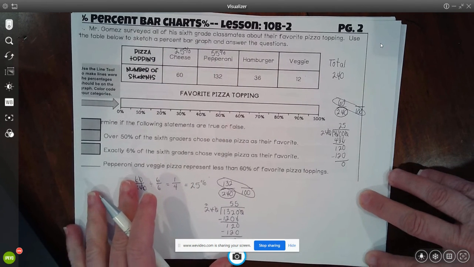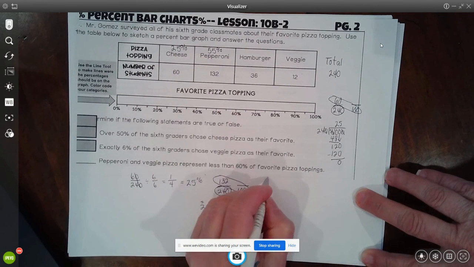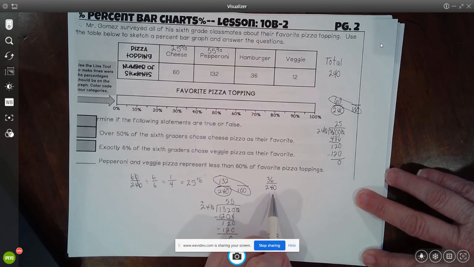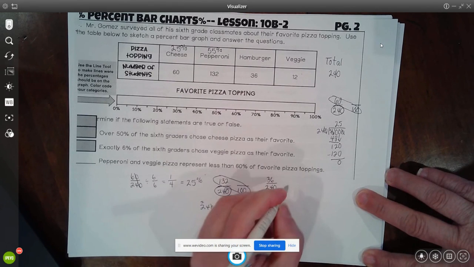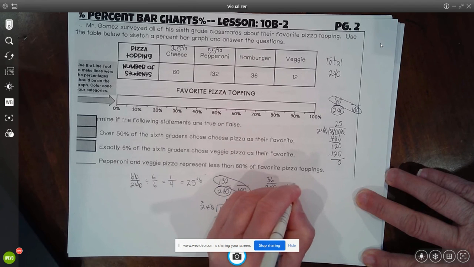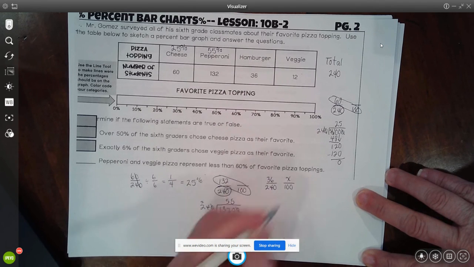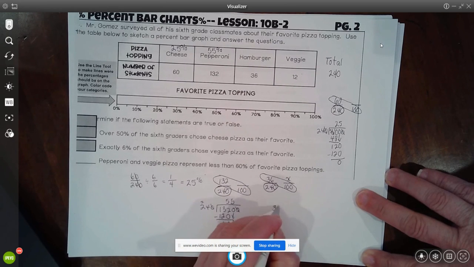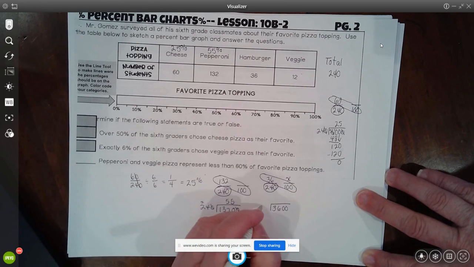Next is hamburger. Hamburger is 36 out of 240 total. Again, I could divide that by 6 if I want to, or I can go ahead and do it this way. I'm looking for that number at the top. So again, 36 with two zeros divided by 240.